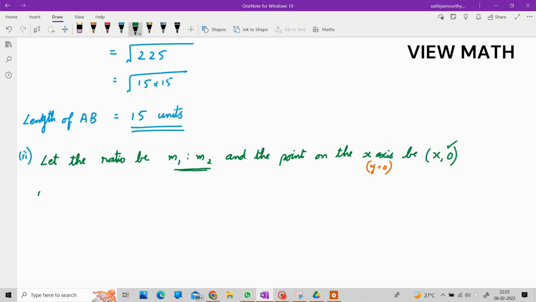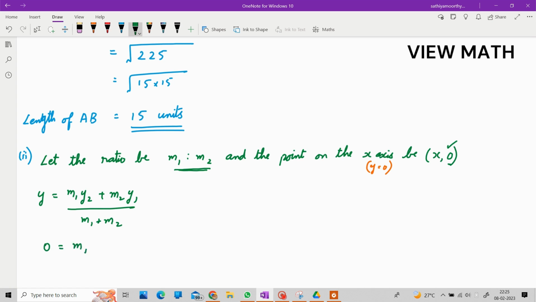I am going to use the section formula for y because I know the value of y. So y is equal to (m1 y2 plus m2 y1) by (m1 plus m2). Let me substitute the value of y. y is equal to 0. m1 I need to find out, so let me write m1 as it is.